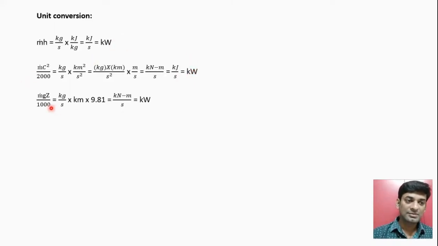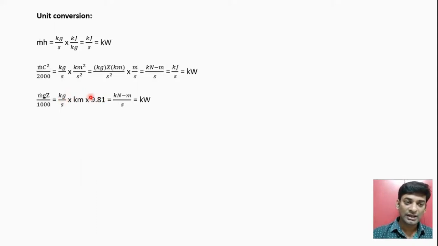Third term, mgz into 1000. This is another very important step. Listen carefully. Mass flow rate is nothing but kilogram per second. This gravitational acceleration g is nothing but 9.81. This Z is nothing but kilometer. Now listen carefully. Whenever a mass, that is kilogram, is multiplied with 9.81, this becomes Newton.